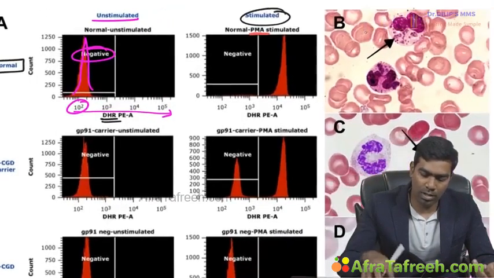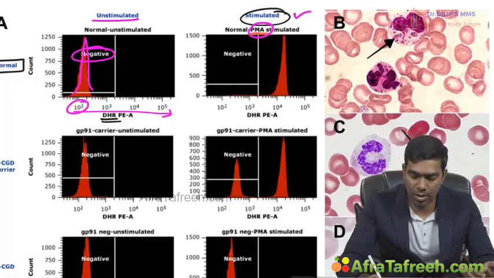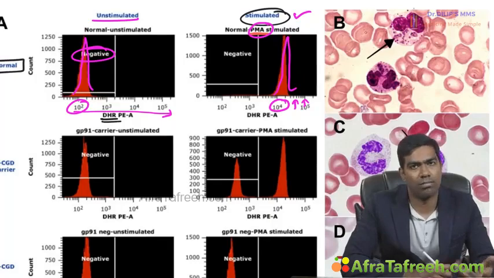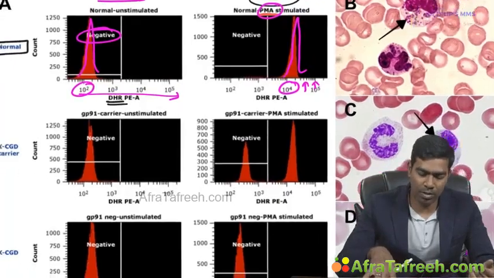The moment you stimulate with PMA, the neutrophils will take up the DHR, and since normally neutrophils contain NADPH oxidase, they are going to produce O2 free radicals, which are going to produce a high amount of green fluorescence. Simple, which can be detected by flow cytometry.